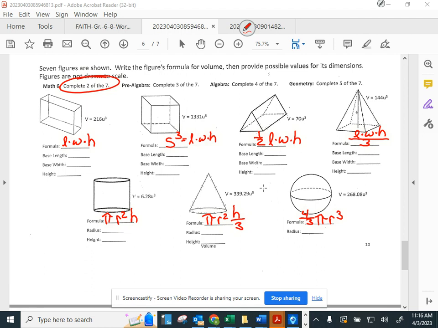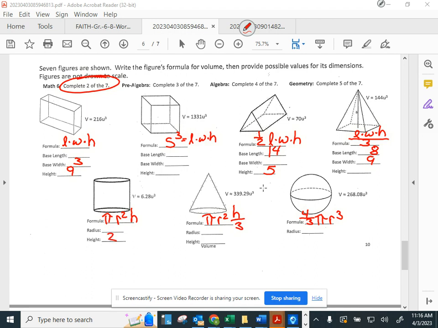So here are some numbers to fill in to help you. For our rectangular prism, you could fill in the 3 and the 9. For our triangular prism, you could fill in the 14 and the 5. For our pyramid, you could fill in an 8 and a 9. For the cylinder, a height of 2.